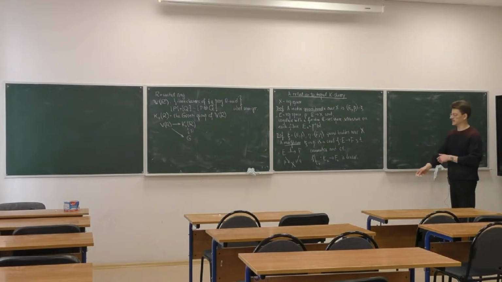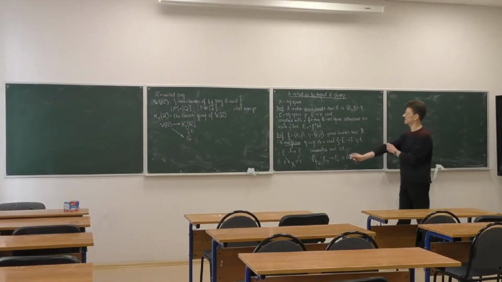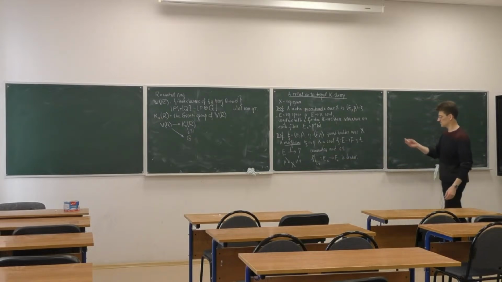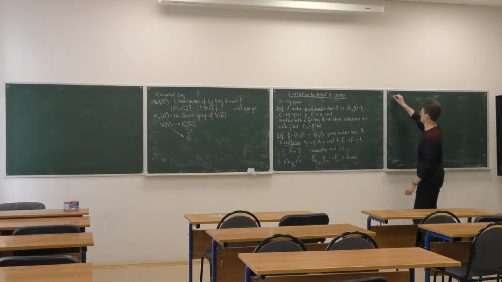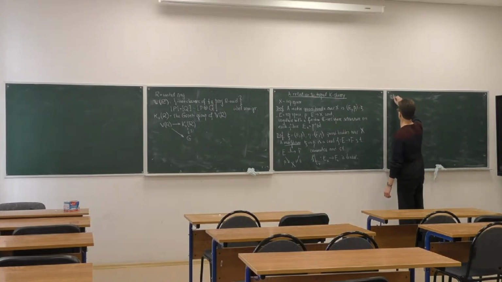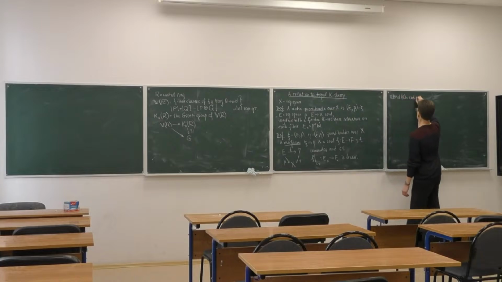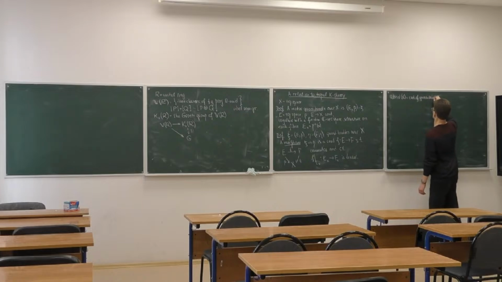So clearly the class of all vector quasi-bundles over X forms a category. Let's denote it like this. This is the category of quasi-bundles over X.